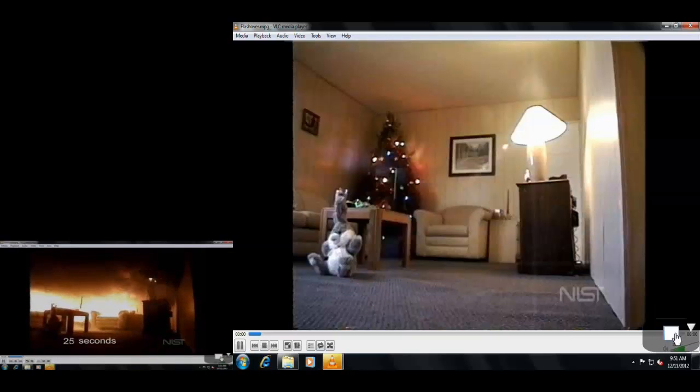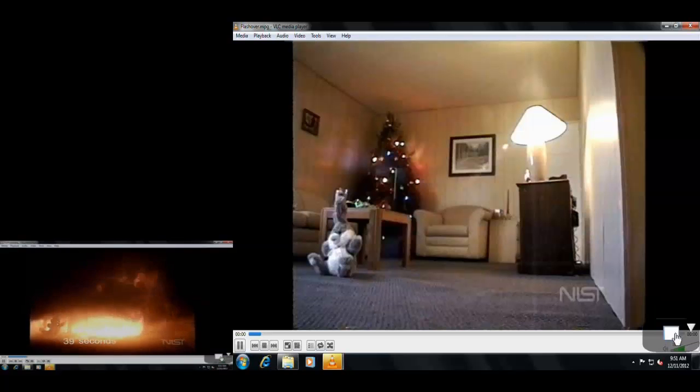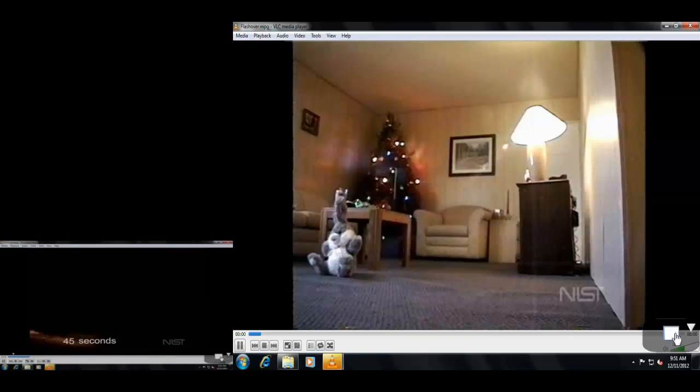We're intermittently seeing that lamp, and then all of a sudden we see ignition of that lamp and lampshade. And by 32 seconds, we see that the rabbit itself is ignited and starting to burn, very far from where the Christmas tree ignition process was.